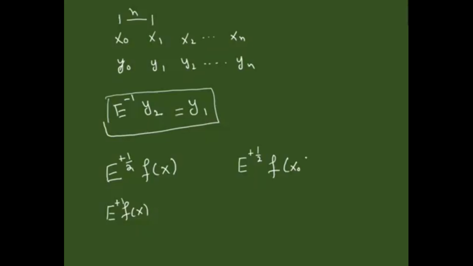The first value is x naught, and the other value obviously is x1 and so on, and corresponding values are y0, y1 and so on. But keep in mind that the distance between these two values is h.